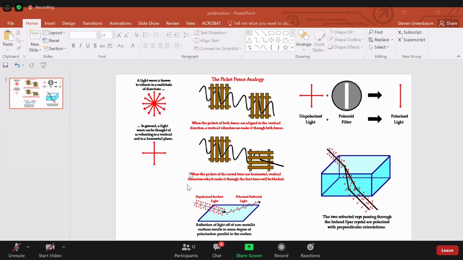Later on, not in today's lecture, we'll see that if you have unpolarized light reflecting off of, let's say, glass or water, then you get partial polarization from reflection. Or if you have a calcite crystal and unpolarized light going through, you end up getting 2 refracted beams.